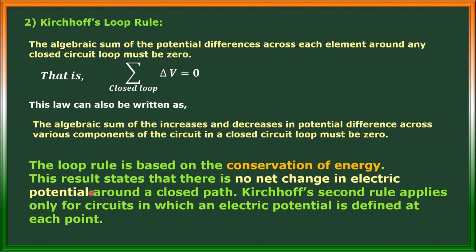This result states that there is no net change in electric potential around a closed path. Kirchhoff's second rule applies only for circuits in which an electric potential is defined at each point. Okay, and Kirchhoff's two rules are applicable only for DC currents.